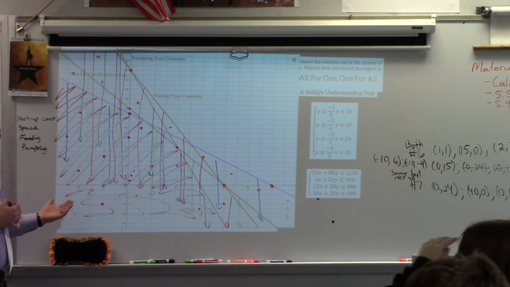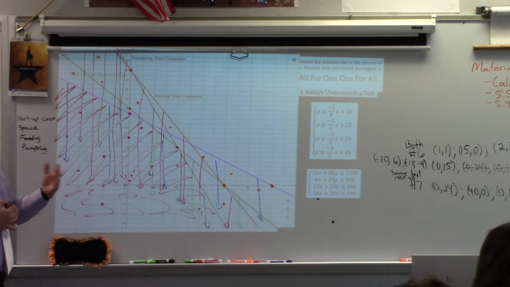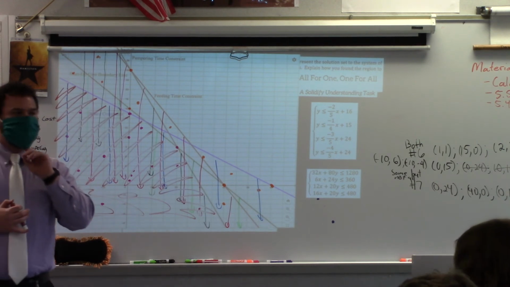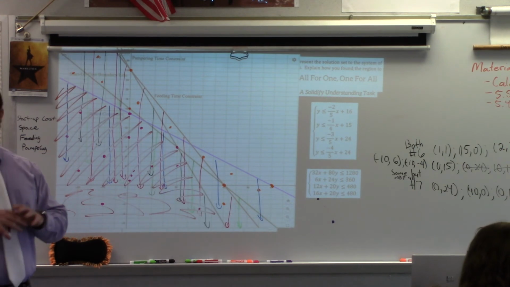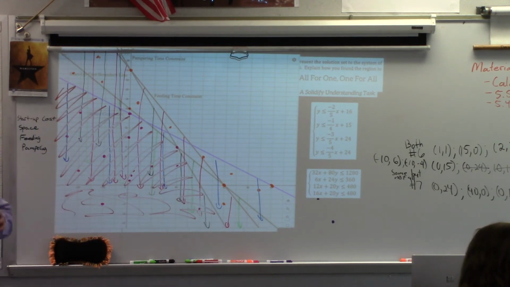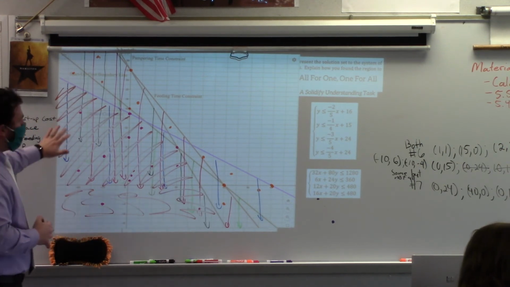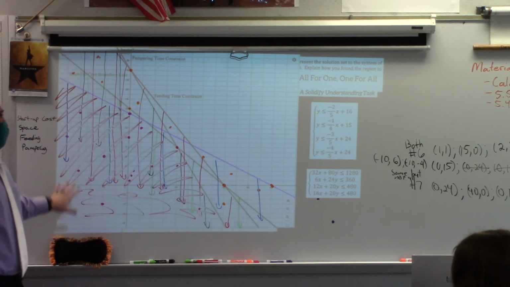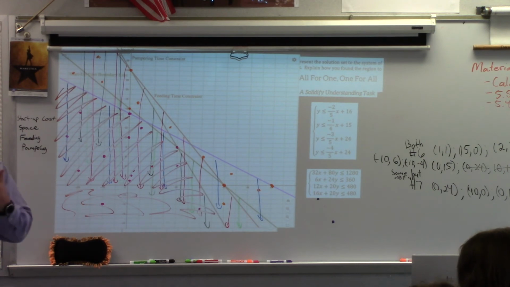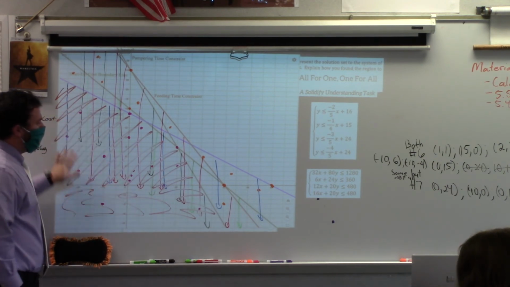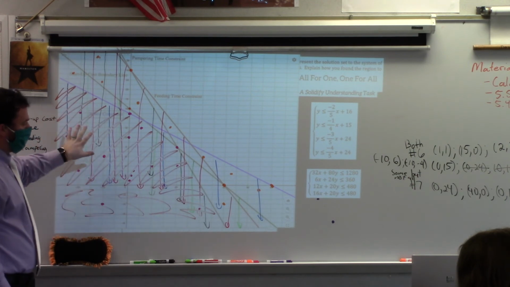It's where all the colors are, so it's where I heavily shaded, right? The solutions to the system need to be the overlapping solutions. It's not where just one of the solutions are, it's not just where a couple of the solutions are, it's where the solutions are for every single inequality. That's a note that if you're not aware of, I would write down: the solutions for the entire system is where we have solutions for every inequality. That's what the shaded region is.